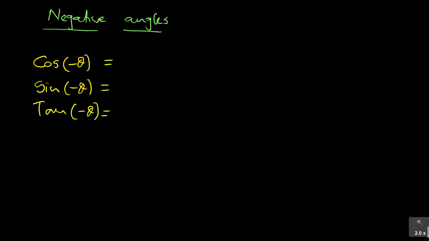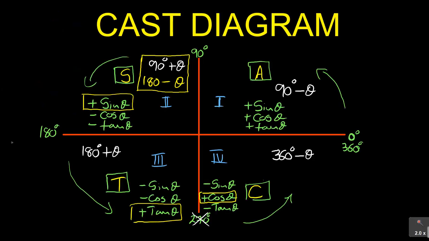So now, whenever you are dealing with negative angles, the first thing you need to understand is when you go in the negative direction, it means you are now opposing what is common. Remember, we said the direction of trig is anti-clockwise. As you can see that arrow, it's anti-clockwise. So this is the positive direction.